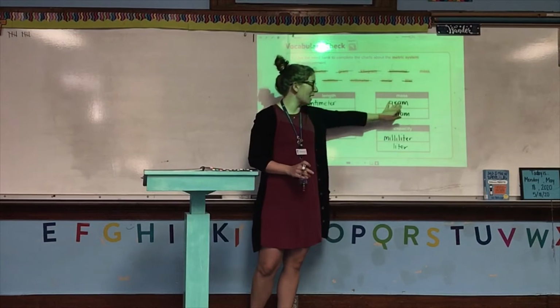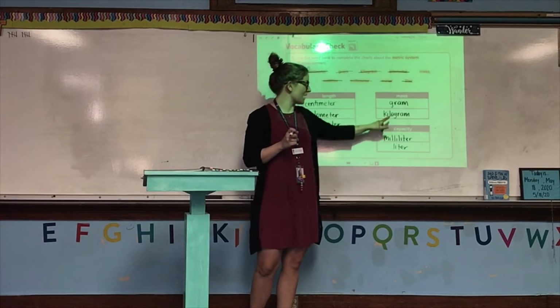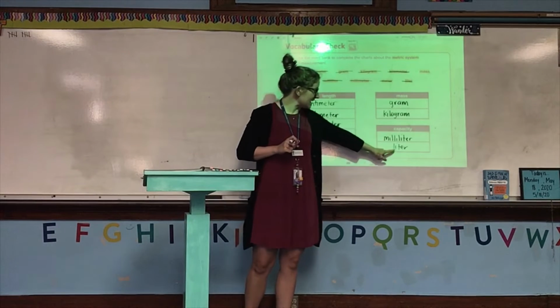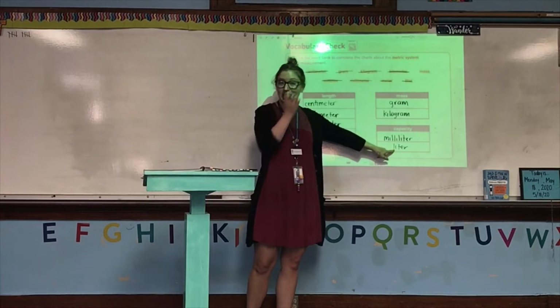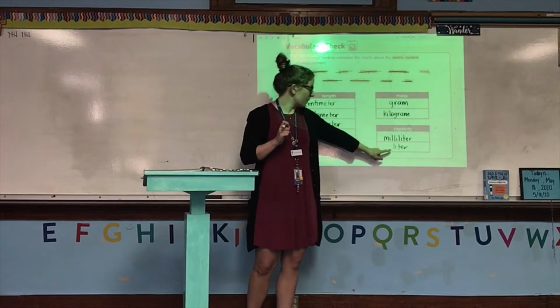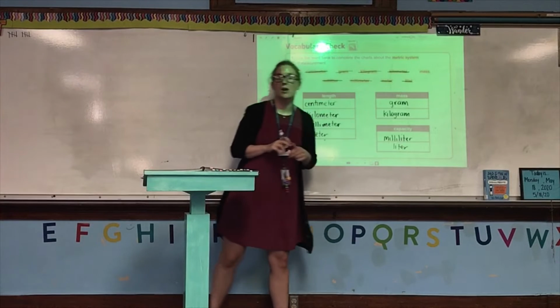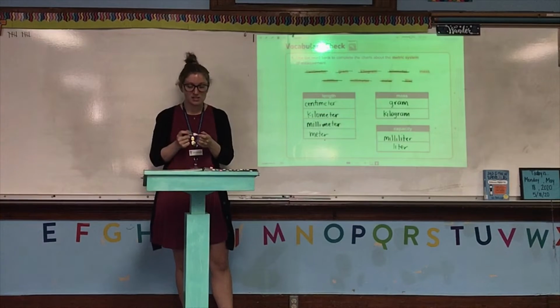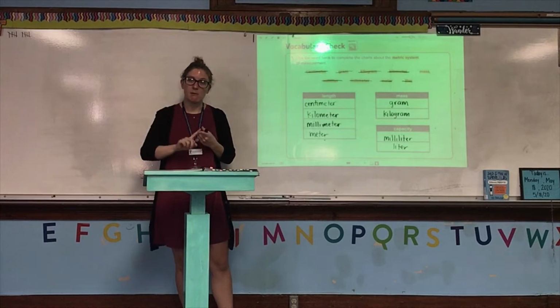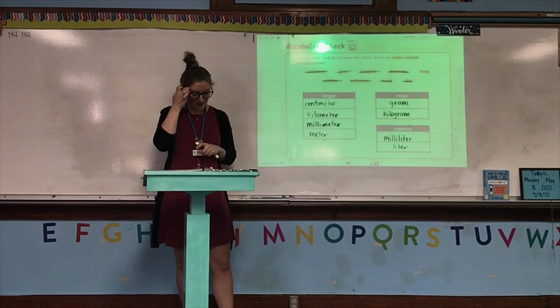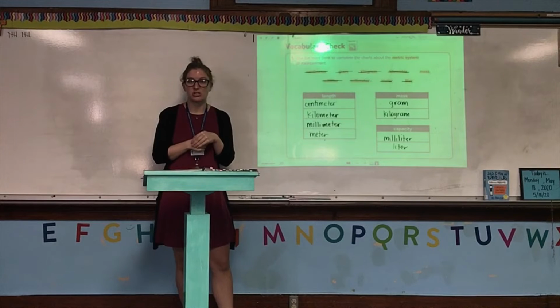So if you see gram, you know that you're measuring mass. So gram and kilogram. With capacity, it's the word liter. So if you see liter, you know that you are measuring capacity or volume, because we have liter and milliliter. So look for those key words when you're trying to figure out, are you measuring mass, length, or capacity. Okay, let's go down to number 2.